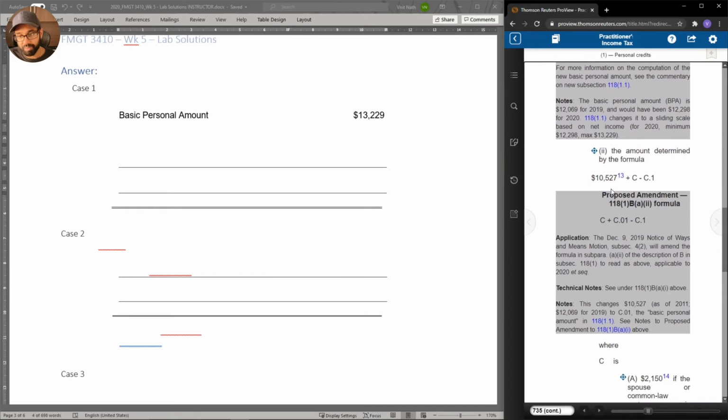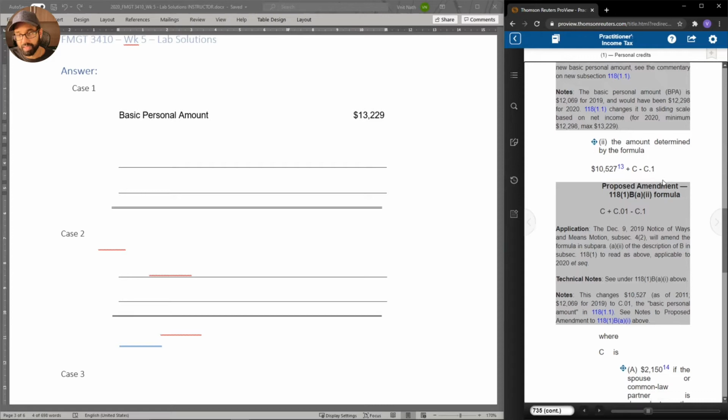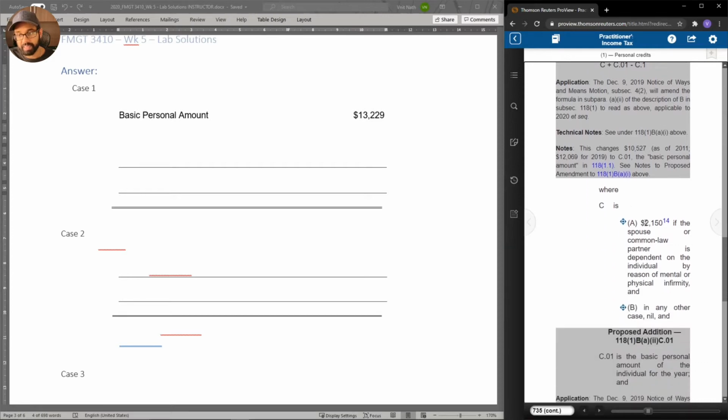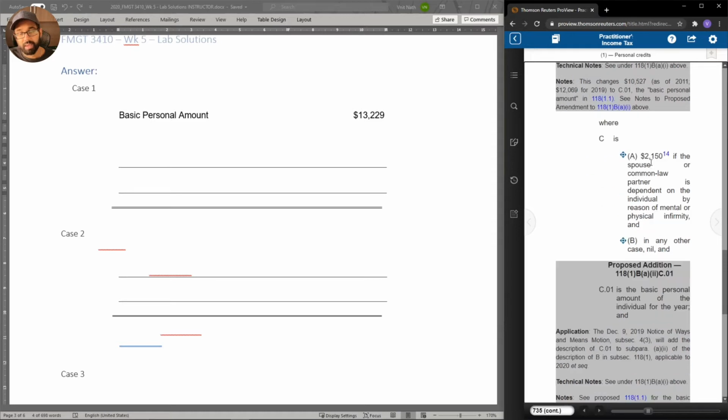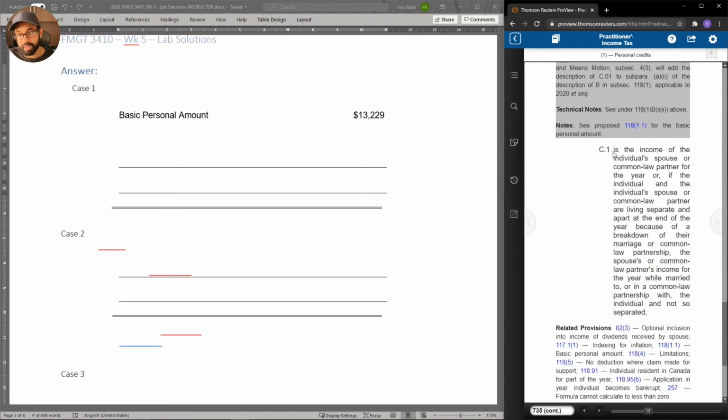And we come to the formula. The formula here says plus C minus C.1. If you were to read C, C is an additional amount, also indexed to inflation, if the spouse or common law partner has a mental or physical infirmity. We move on to C.1, and C.1 talks about the income of the spouse or common law partner.